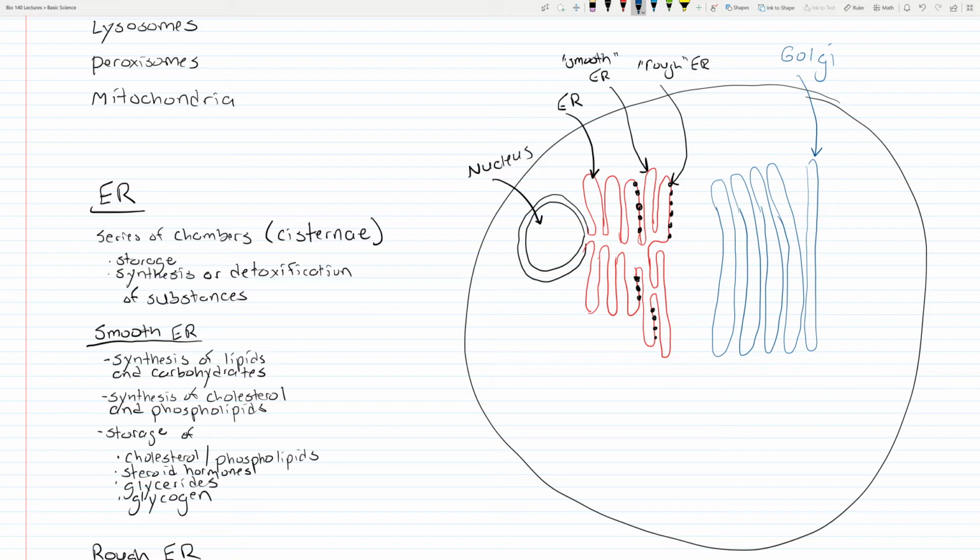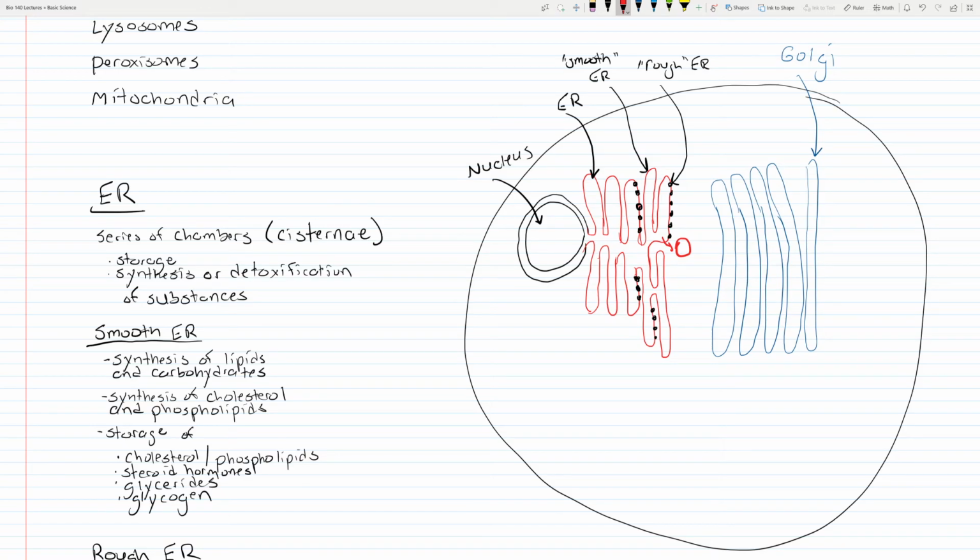And so what happens is, let's say that the endoplasmic reticulum has finished creating something, and it's going to release it in a vesicle. Now this vesicle is made of membrane. It's the exact same membrane that is around the cell. It's plasma membrane.